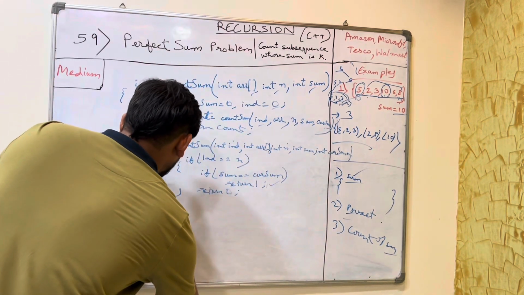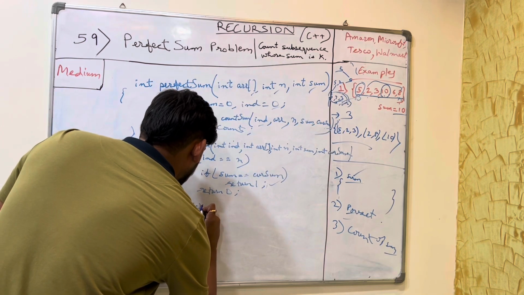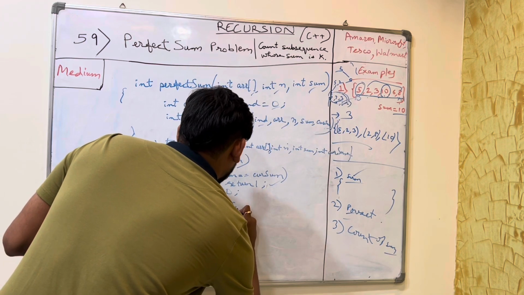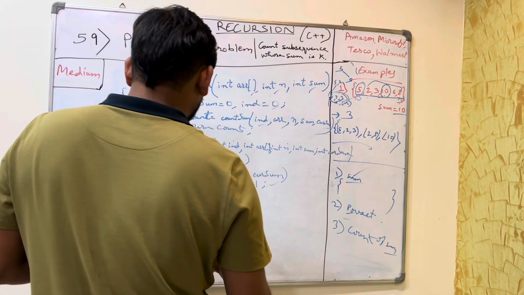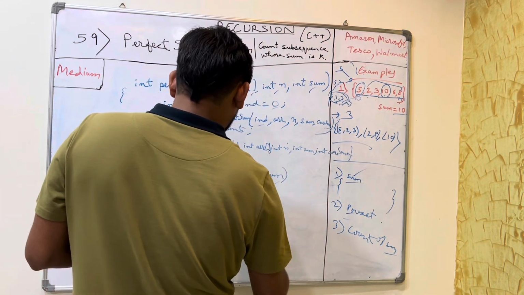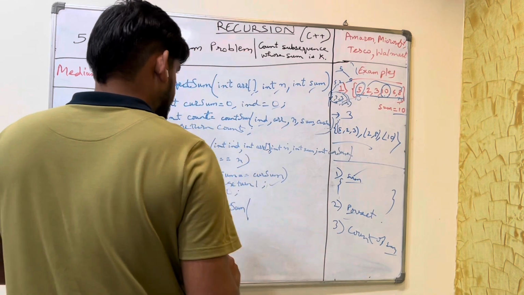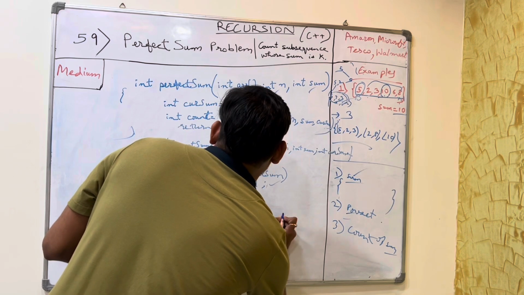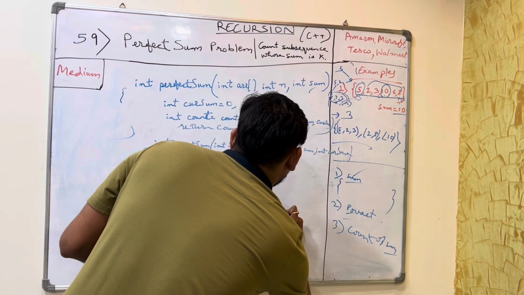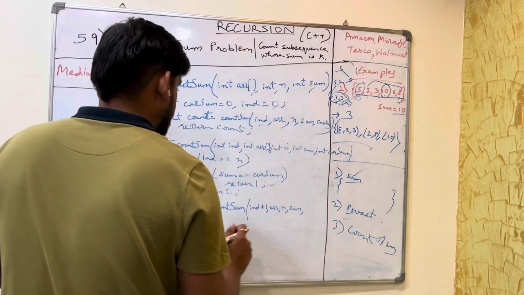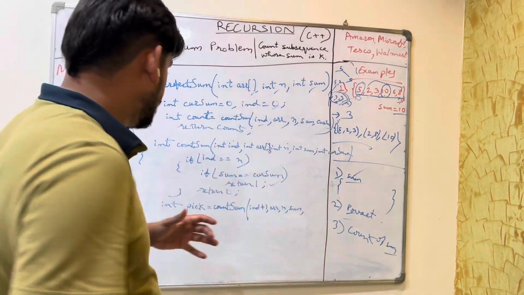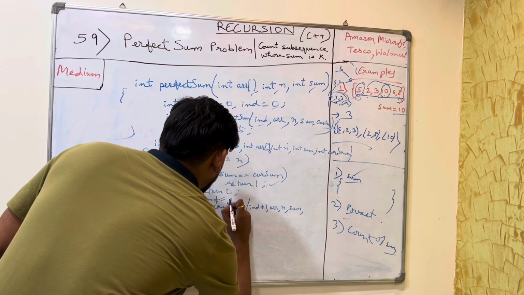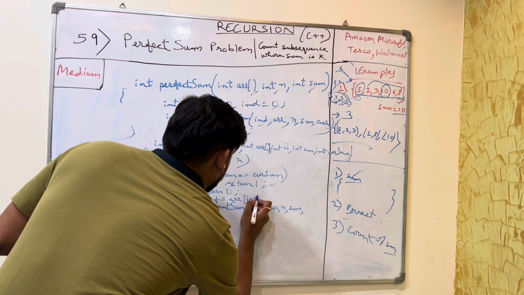You will understand. So int pick is equal to count sum with index plus 1, the array we have passed, n we have passed, sum we have passed, and this current sum we will increase by array of index.